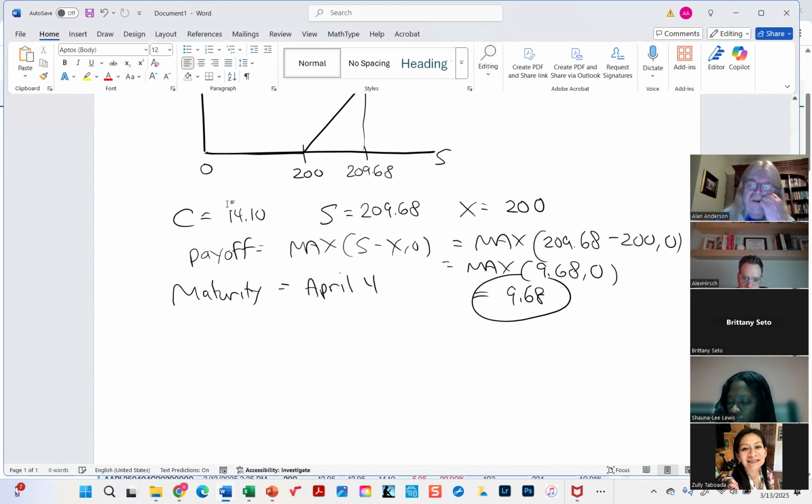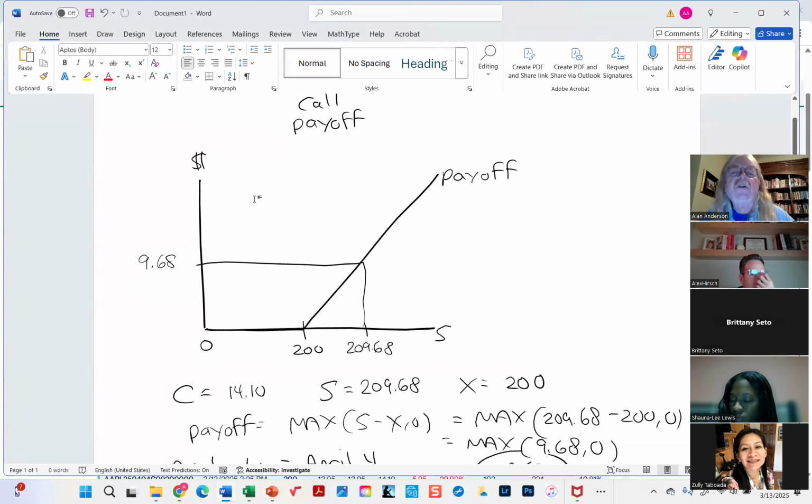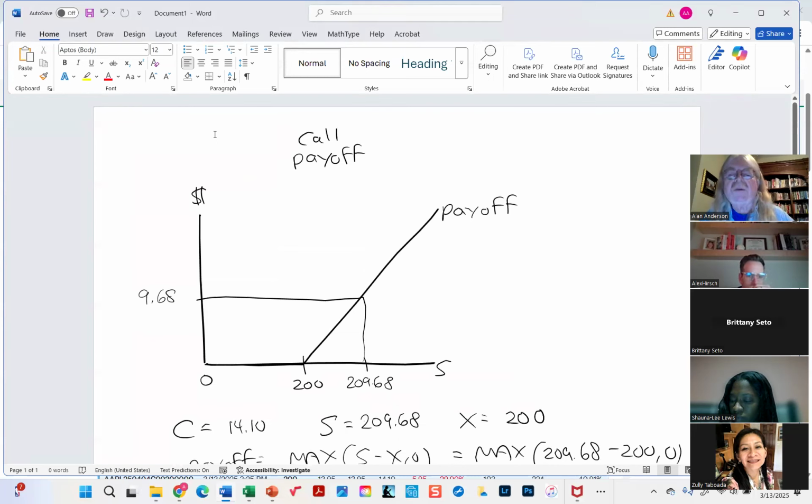There's a chance that Apple stock could continue to rise and increase my payoff. So we will introduce here, and again, this is getting a little ahead of ourselves, we'll see this again later, but if I were to create a new curve that represents not the payoff, but the market price of this option, it would look something like this.